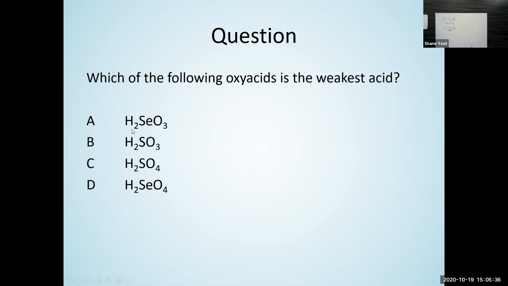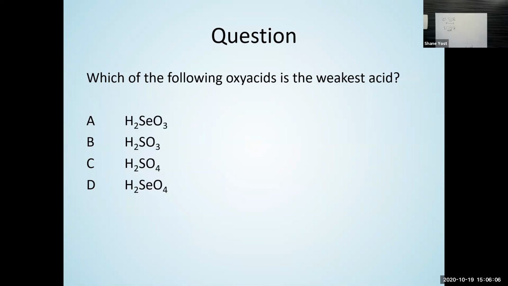The weakest acid here is going to be A, H2SeO3, because the central atom has the weaker electronegativity, and the number of oxygens is the fewest, the smallest. The fewer oxygens and the weaker electronegativity on the central atom produce the weakest acid. So A here is the weakest acid of this group.